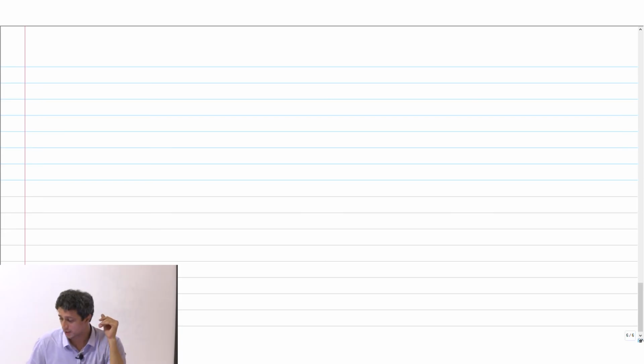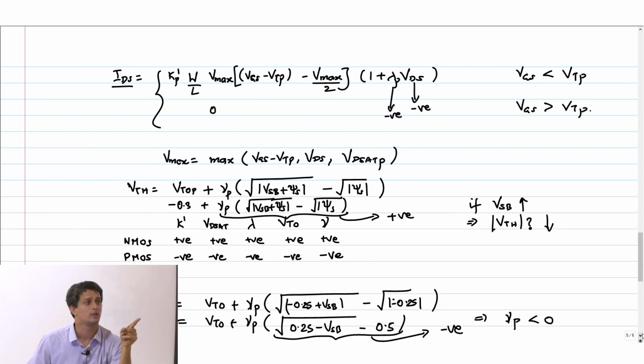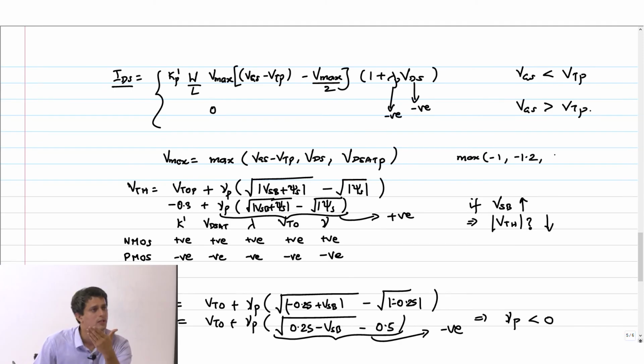Correct. So you have to consider the maximum of these voltages, which is for the negative. No, not magnitude, not absolute value, the actual value. If I substitute your values, it will be max of minus 1, minus 1.2, let's assume this is minus 1.5 or something, VGS minus VT.